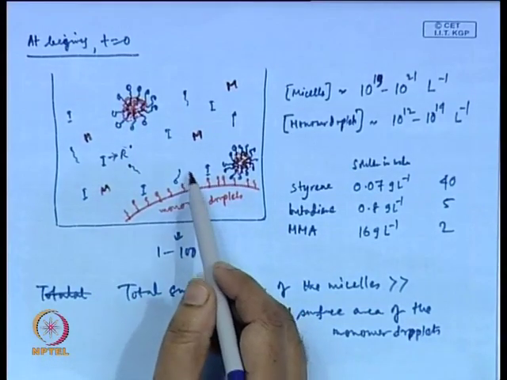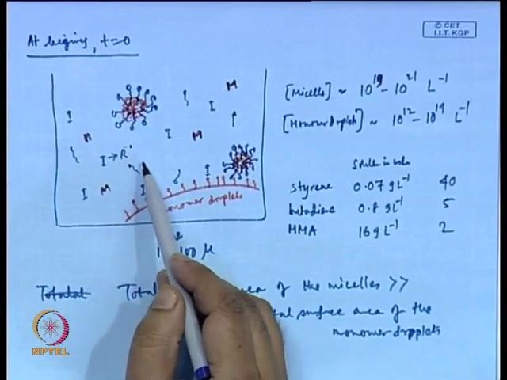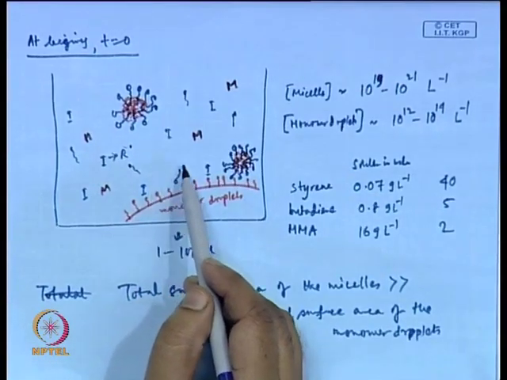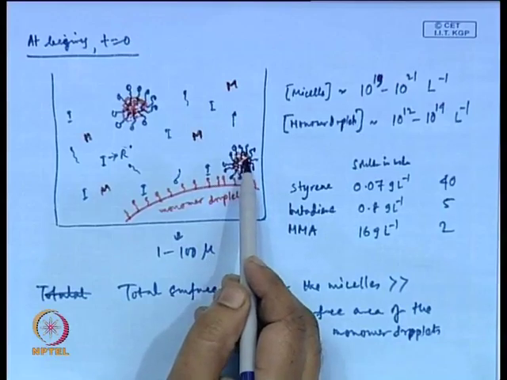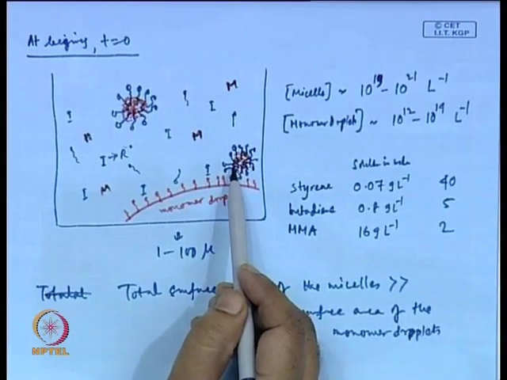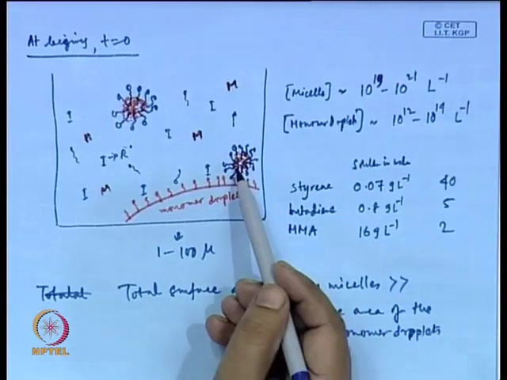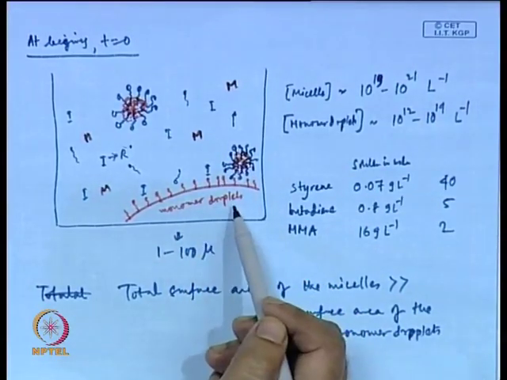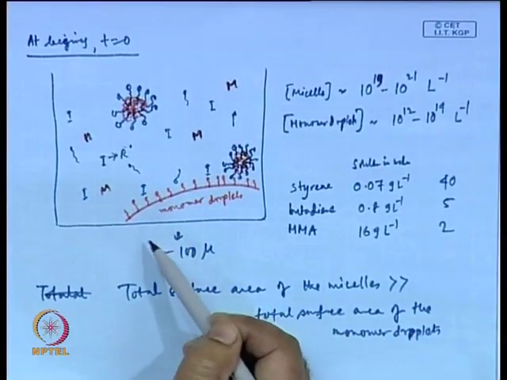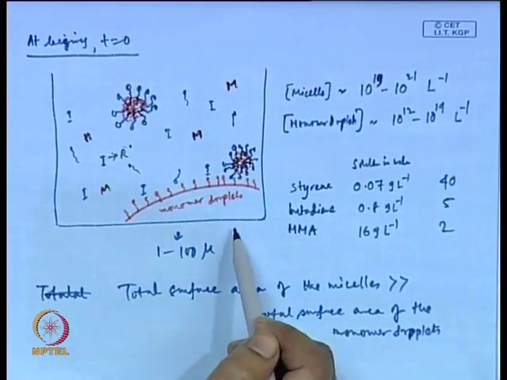Now, that is a very important concept. Here the primary radicals or the propagating radicals will move into the micellar core and start the polymerization reaction immediately, rather than entering these monomer droplets. So, polymerization does not take place in the monomer droplet.